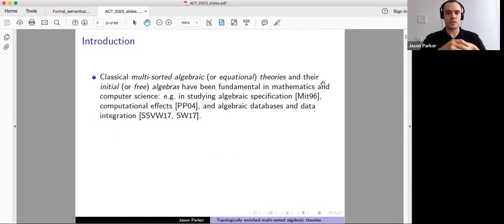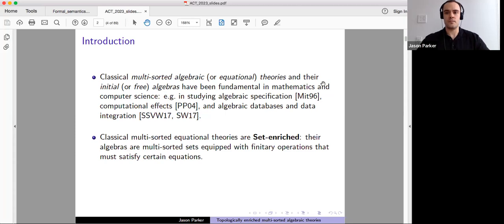So basically, classical multi-sorted algebraic, or I will actually call them equational theories, and their initial or free algebras have been fundamental in mathematics and computer science. For example, in studying algebraic specification and algebraic data types, computational effects, and even recently algebraic databases and data integration.